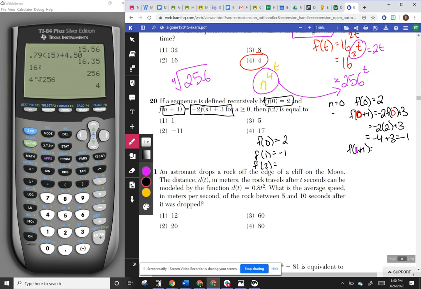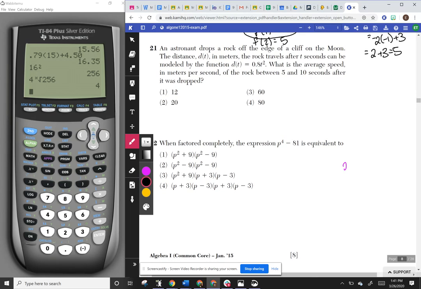So that equals, we're going to use the function negative 2 times f of n. We said that n is 1, plus 3. We get negative 2 times f of 1, which we know is negative 1, plus 3. Negative 2 times negative 1 is 2, plus 3 is 5. So our answer is 5, because we're looking for f of 2.